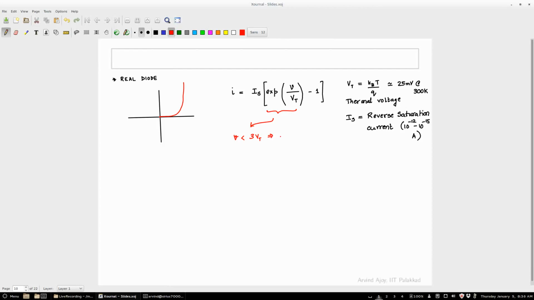So what happens when V becomes less than 3 times Vt? Consider this exponent, and look at the situation when V is less than, say, minus 3 times Vt. What is the exponent equal to? This is exponent of minus 3, right? What is exponent of minus 3?